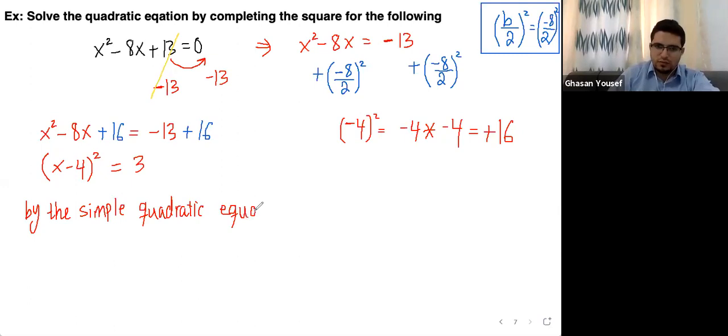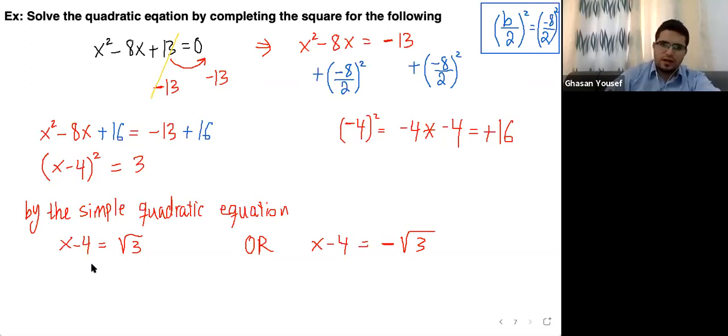Take the square root of both sides: x minus 4 equals square root of 3, or x minus 4 equals minus square root of 3. Now, like last time, we add 4 to both sides because I need the value for x only.